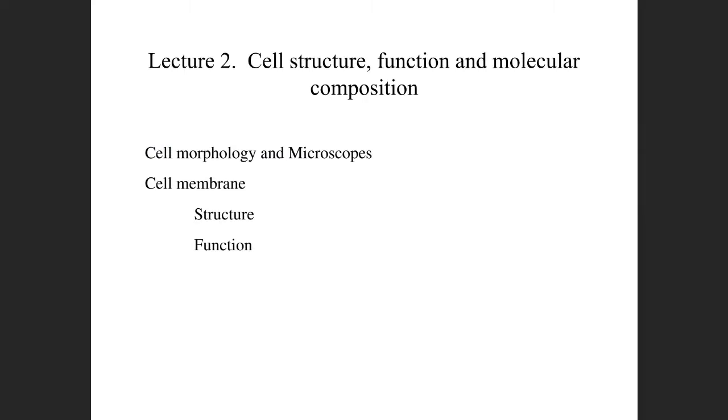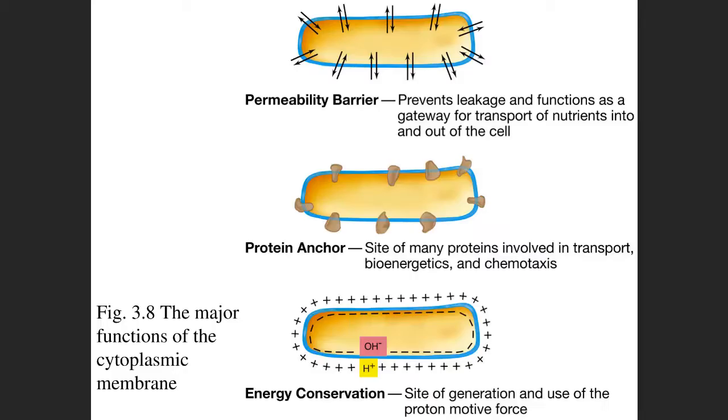Okay, good. So that's the membrane structure. Now look at the function. Why do we have to have a membrane? Well, the membrane is a permeability barrier. It prevents things from leakage. So basically, it's a barrier. Nothing goes through.